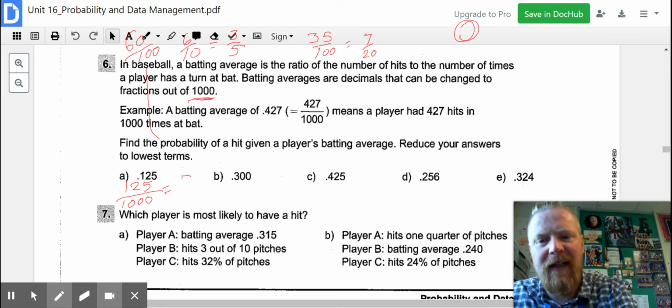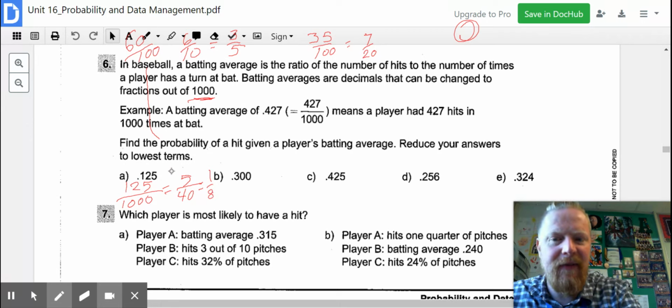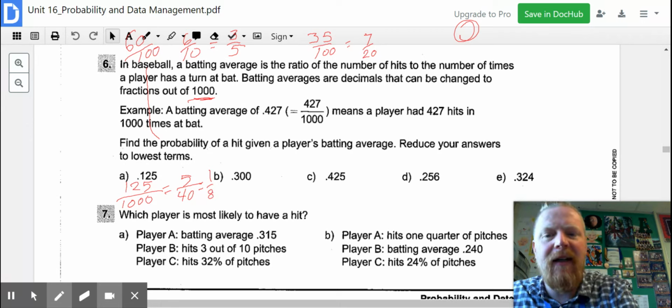It'll be 5 out of 40, which is 1 out of 8, if you can believe it. All right, so 300 out of 1,000. This one's easier to reduce. That's just 3 out of 10. Okay, I'll let you do these ones on your own. See if you can reduce those ones as well.